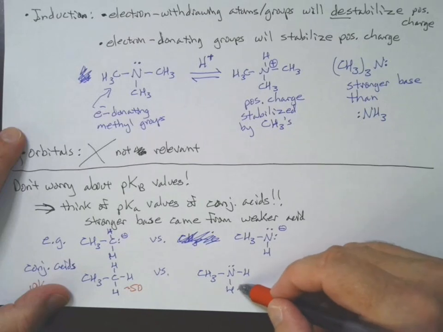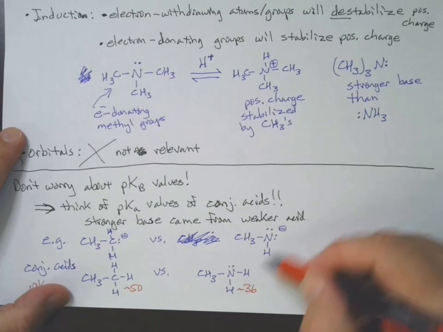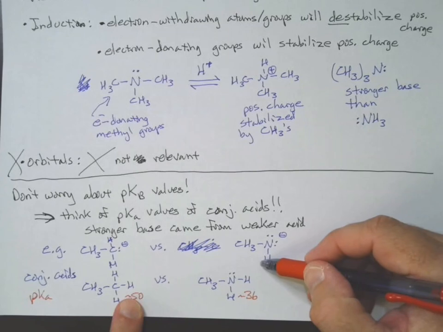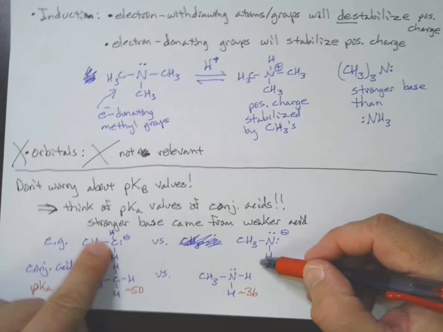So the stronger acid came from the weaker base. Weaker acid came from the stronger base.